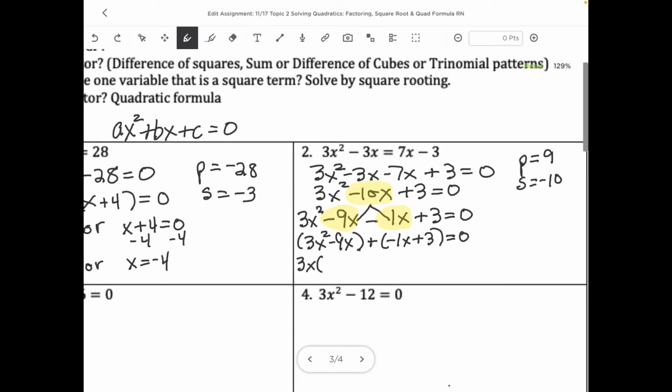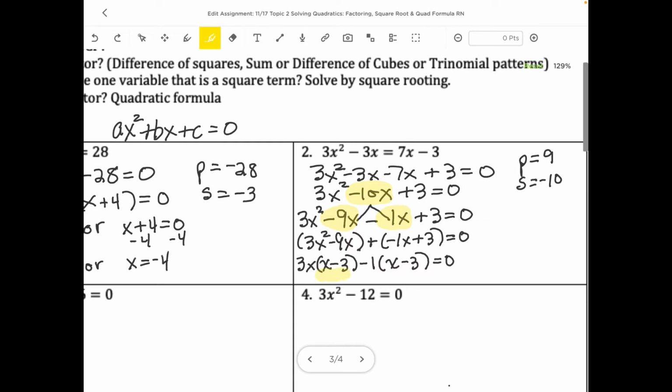GCF, 3x, x minus 3, and sometimes the only GCF is a 1 or a negative 1. If it is a 1 or a negative 1, you should always choose the negative 1. So minus 1, leaving me with x minus 3.